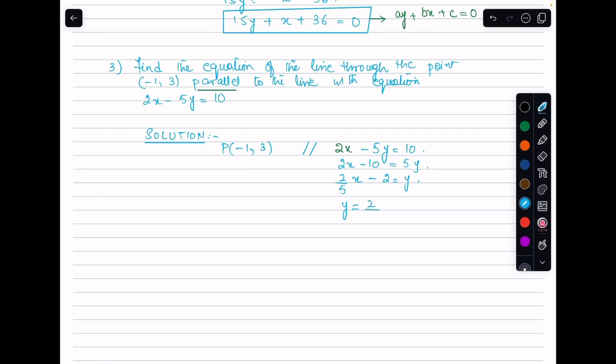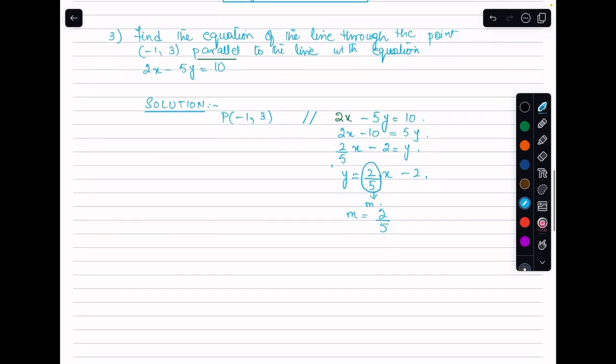So y equals 2 by 5x minus 2. And from here, I can say that this 2 by 5 is actually the gradient value. So the gradient that I have is 2 by 5, and the required equation is parallel to the line. Therefore, the gradient for the required line is also going to be 2 by 5.